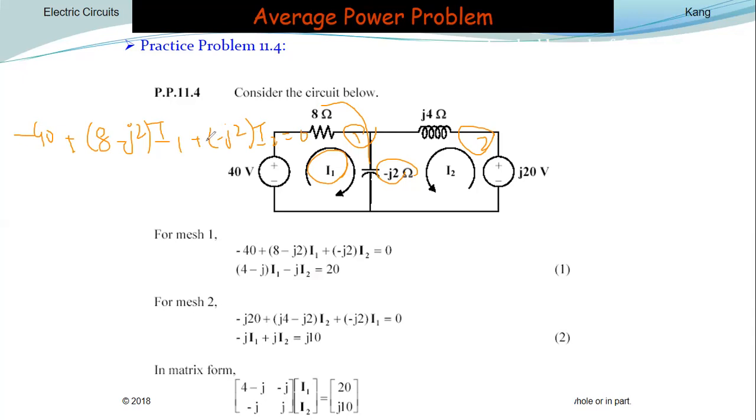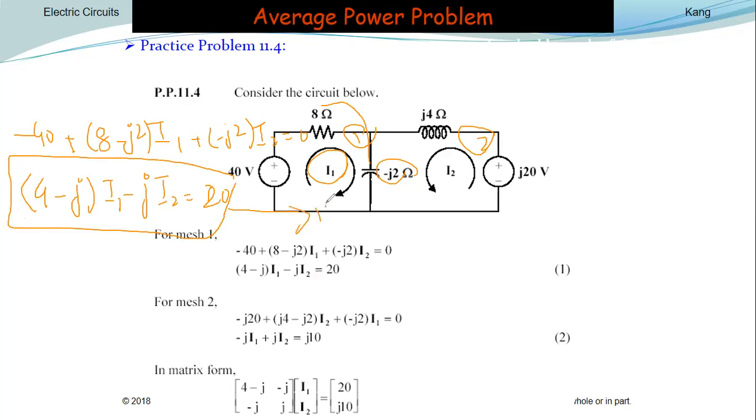So after simplification, this will be 4 minus j I1 minus j I2 equals 20. So this is my equation number 1 for this mesh number 1.